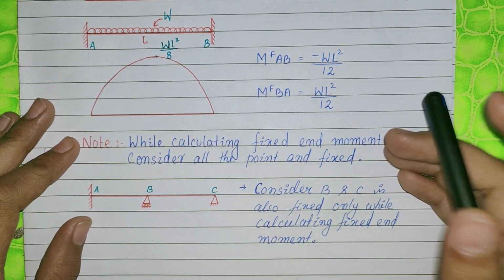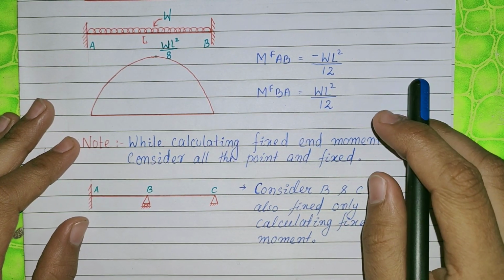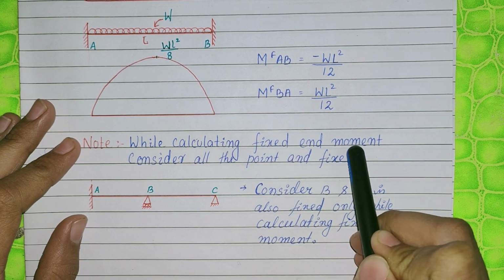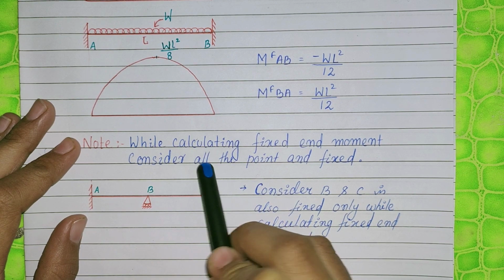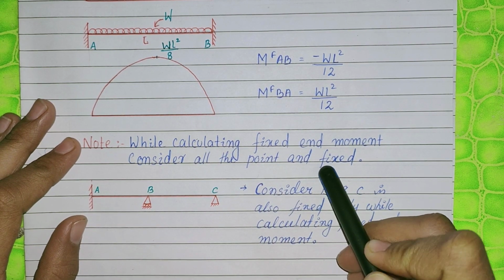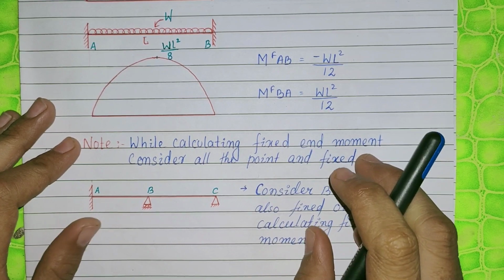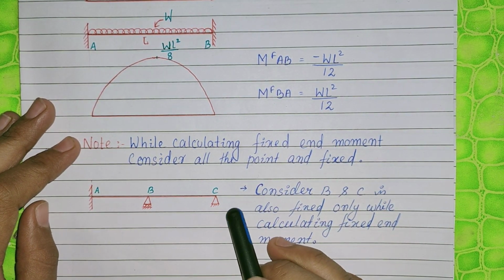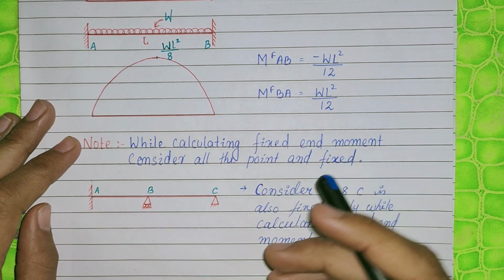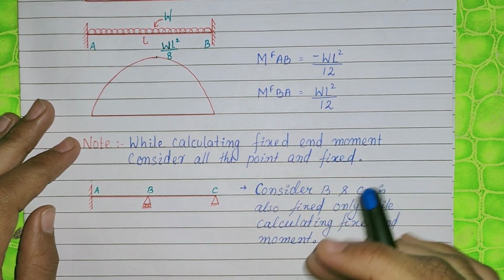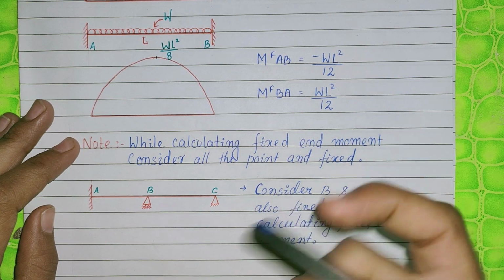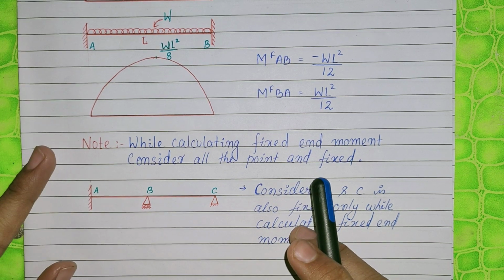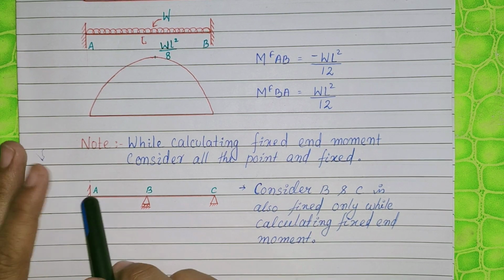Here I wrote a note for you to remember that while calculating fixed end moments, consider all the points fixed. What I mean to say is, even if the question gives any type of beam, for example B is a roller or C is a hinge, you still have to assume that all the points are fixed.